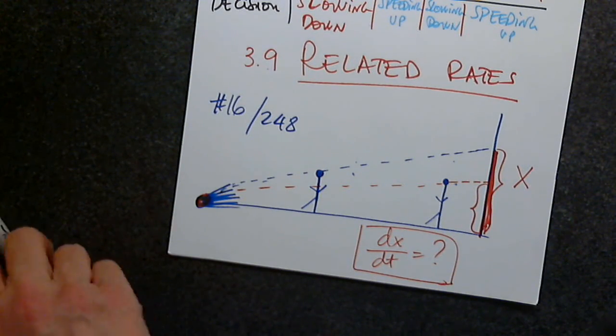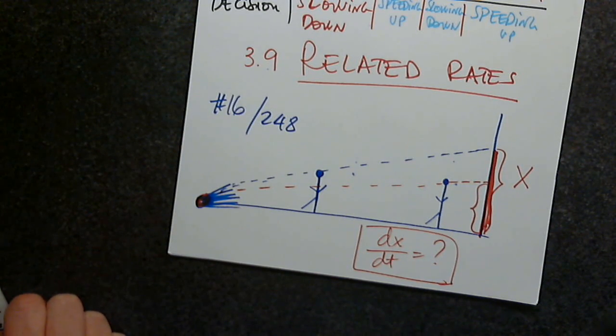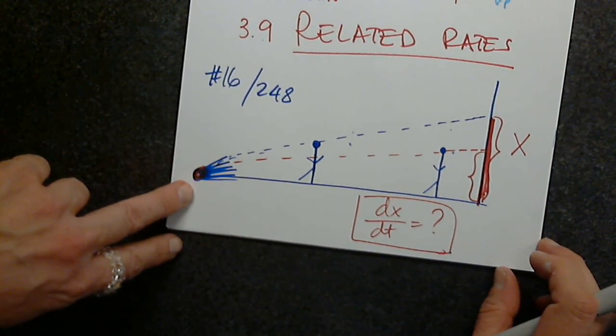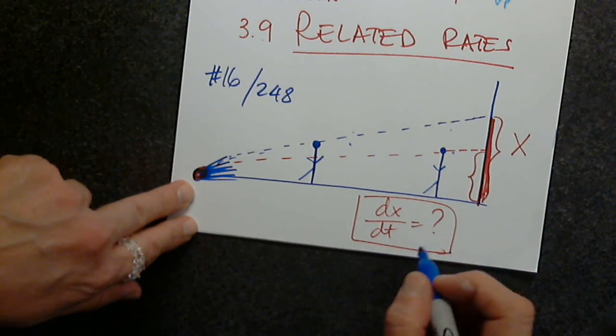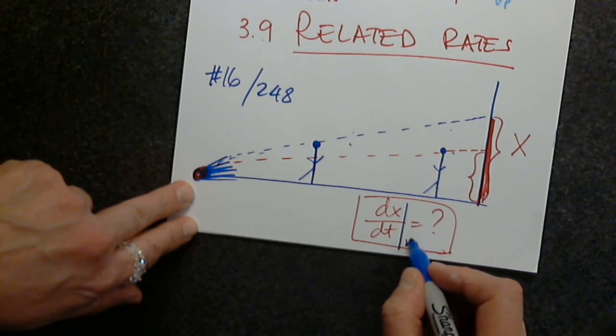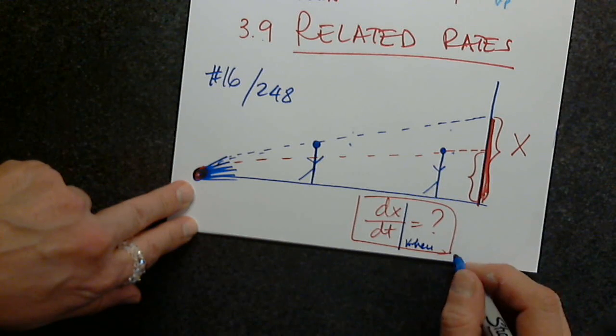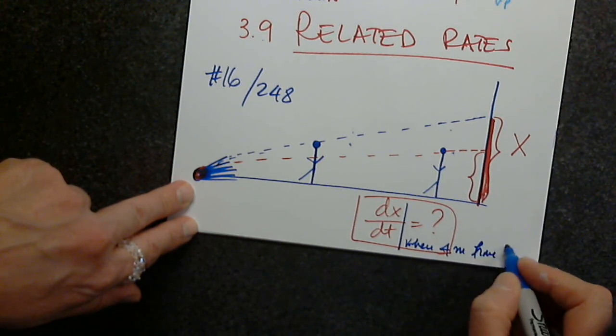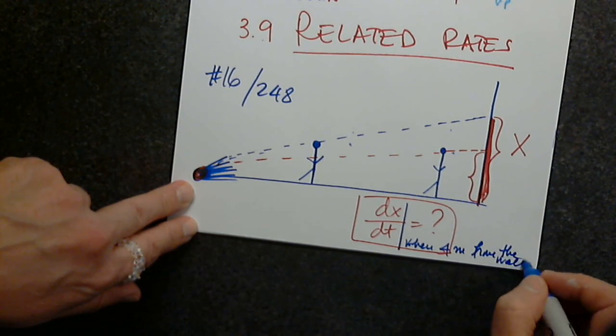When it says, when the person is 4 meters away from the building, I'm not going to write this or use it at this point, but I'm going to make myself a note: when 4 meters from the wall.